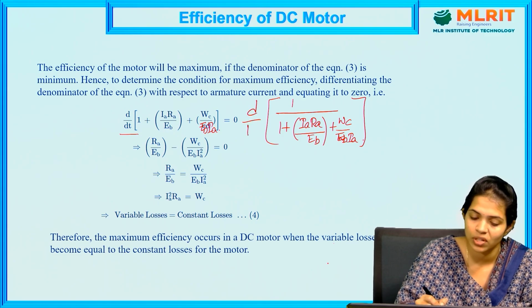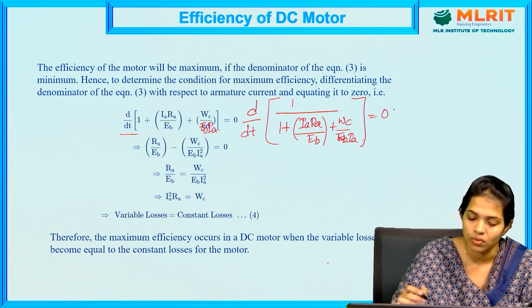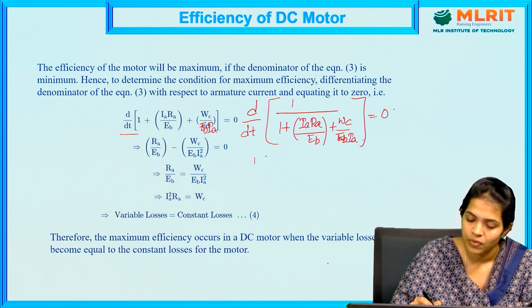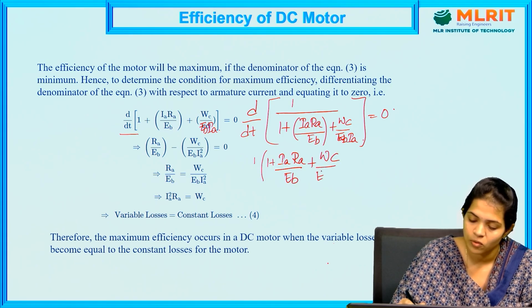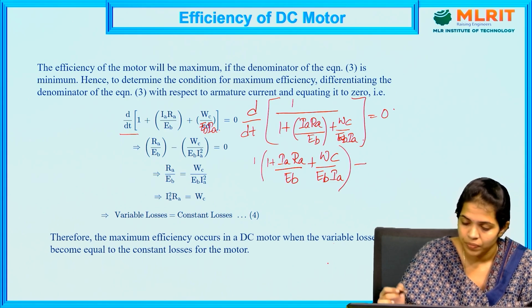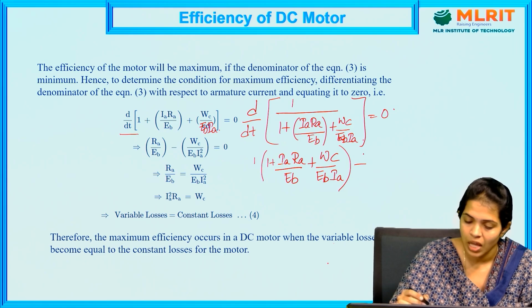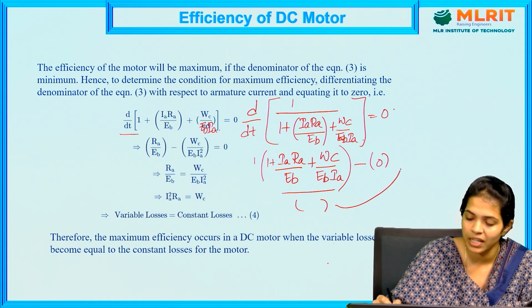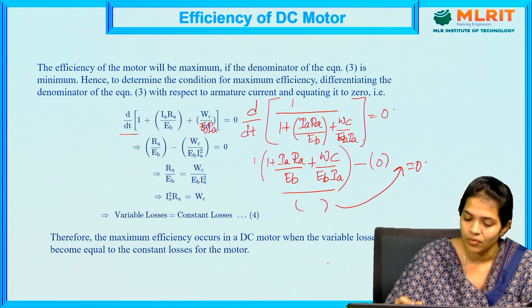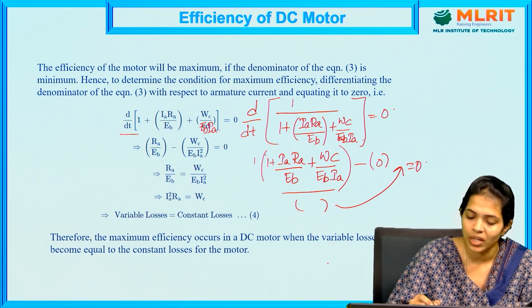Differentiating this whole term with respect to t and equating it to 0, we get it as usual, IA into RA by EB plus the constant term. As this is a constant term, this particular term will become 0, and when we take the denominator and equate it to 0 on the right hand side, we make this term also equated to 0. So we are left over with this particular term.